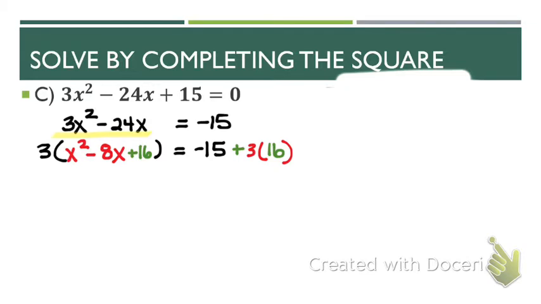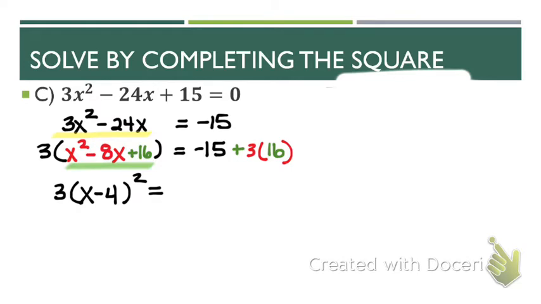Okay, so let's factor this down. That's going to factor down to a perfect square. What do you think that factors down to? Two numbers that multiply to be positive 16 and add to negative 8. So this is going to multiply down to x minus 4 squared.